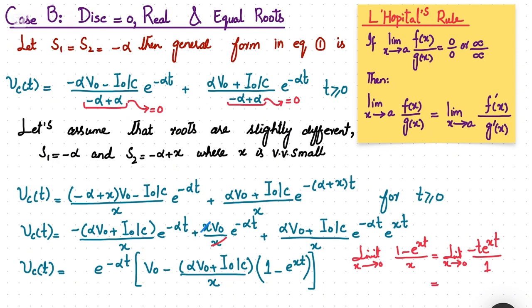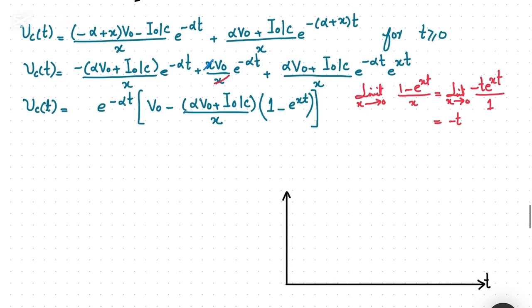And when this limit is inserted, our result would be minus t into e raised to power 0, which would be 1. So using L'Hopital rule, we can convert this term after inserting the limit x approaches 0 into minus t only.